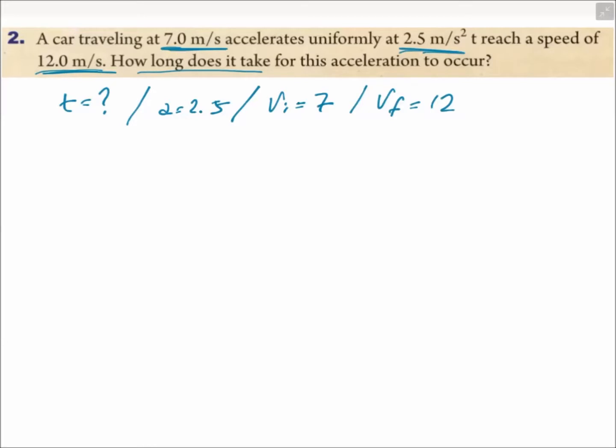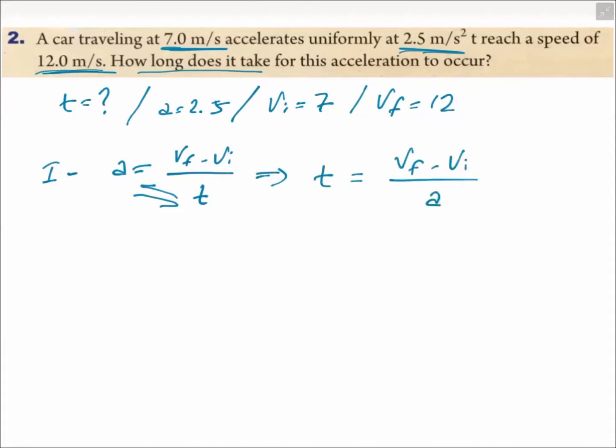So in this question I'm going to use the formula of the acceleration. At the first step, the acceleration formula is V final minus V initial over time. So I will move the time here and acceleration here because it's asking time. So time is going to be equal to V final minus V initial over acceleration.